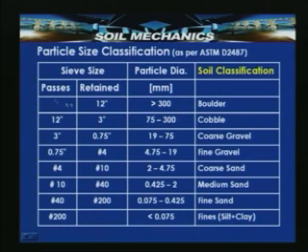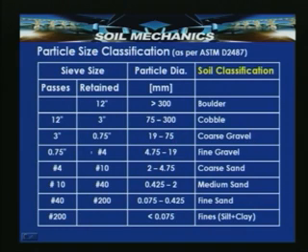For example, this particular one is retained on the 12-inch sieve, that means the particle diameter is greater than 300 mm, it represents boulder. That which passes the 12-inch sieve and is retained on the 3-inch sieve has particle diameter from 75 to 300 mm, which represents cobble. The size which passes 3-inch and is retained on 0.75 inch has particle diameter from 19 to 75 mm, which is coarse gravel.